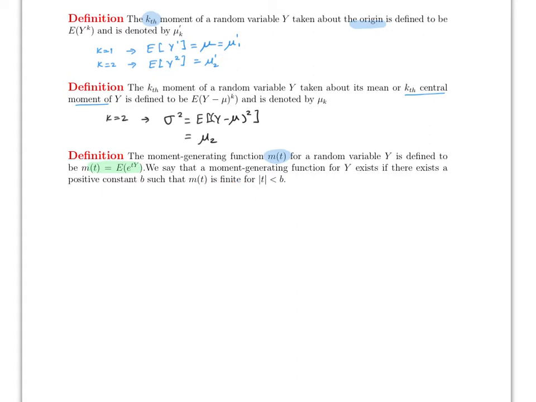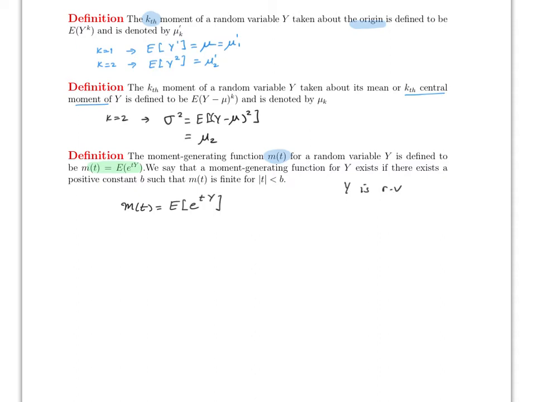Notice the definition actually implies m of t equals the expected value of e to the ty, where remember y is a random variable. I'm going to use this over and over.